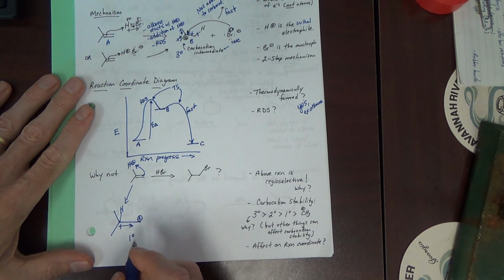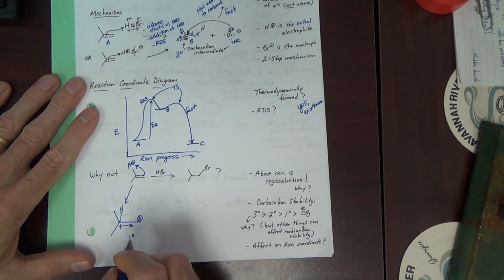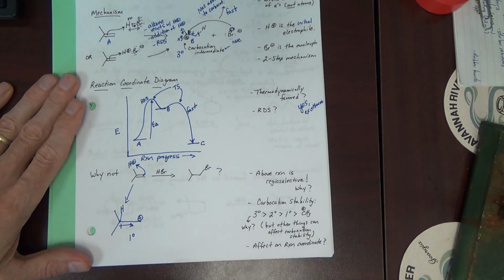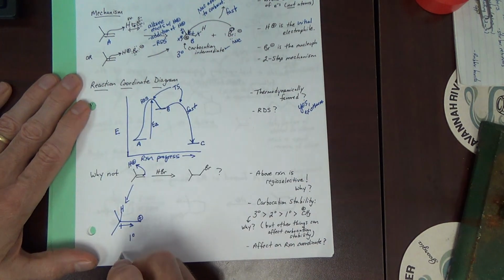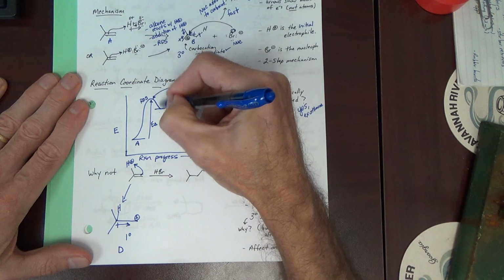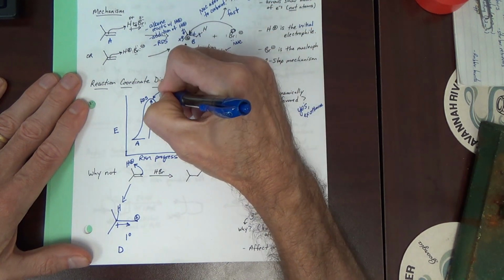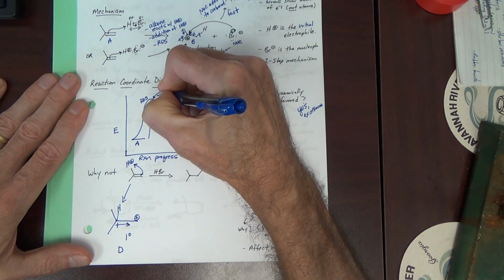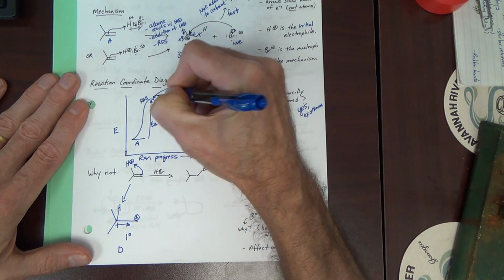Now, if we call this carbocation, let's see, ABC, if we call this D, where would you put D up here compared to B? Well, it would be higher. And so let's put D up here.